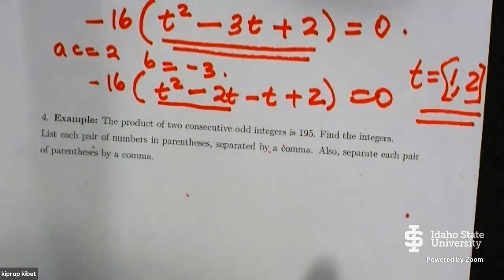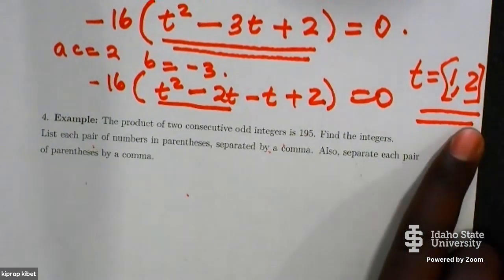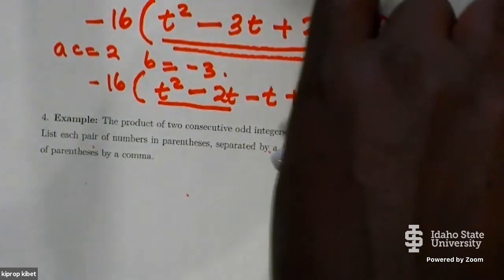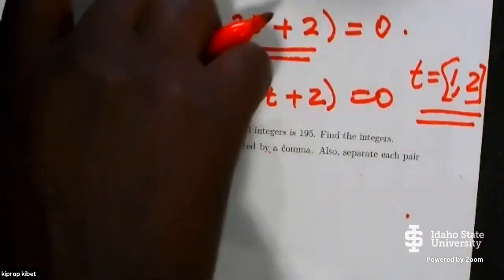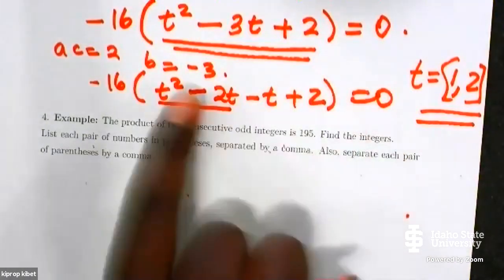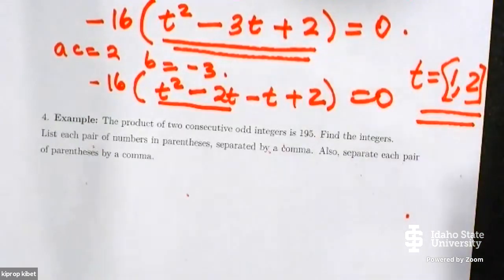So the time it can take for the ball to reach 64 feet can be 1 and 2. You can repeat the statement: at what time will the ball reach the height of 64 feet? The time is 1 or 2.